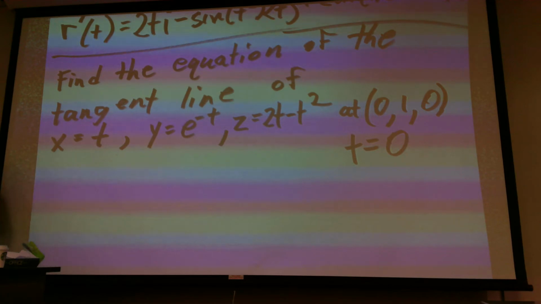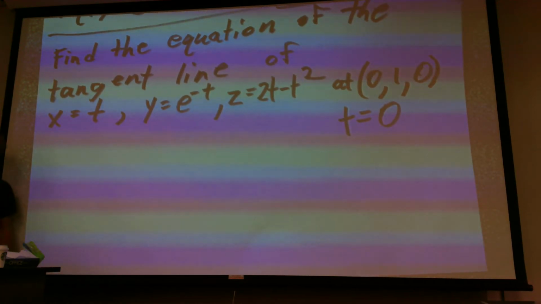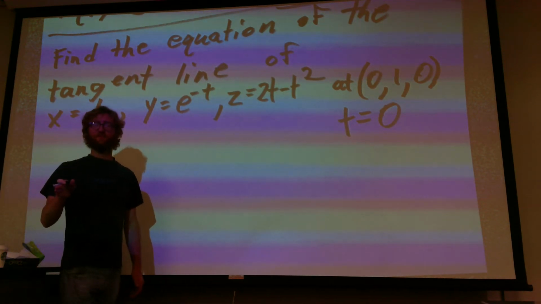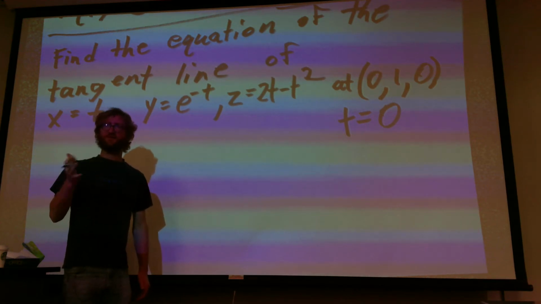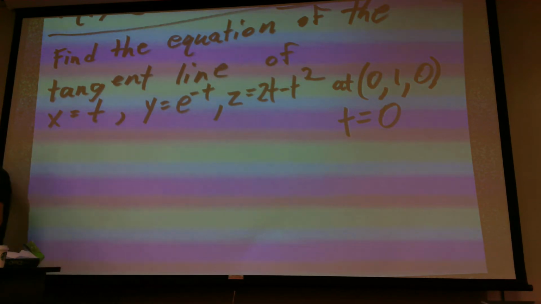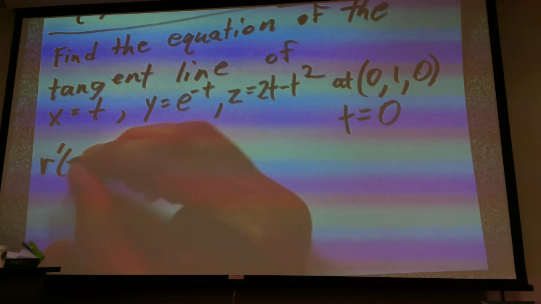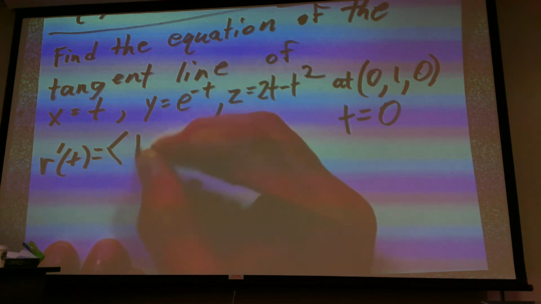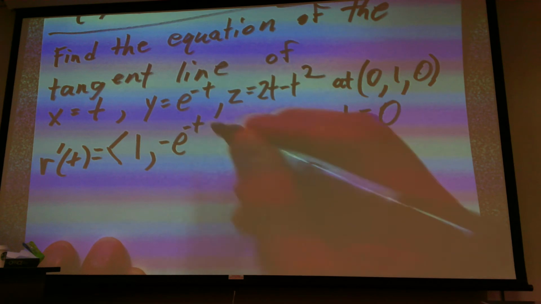And so now what I'm going to do is say, okay, what is r prime of t at t equals 0? That will provide the vector that will be parallel to the tangent line at that point. Okay? So, r prime of t will equal, okay, derivative of t is just 1, and then this would be negative e to the minus t.